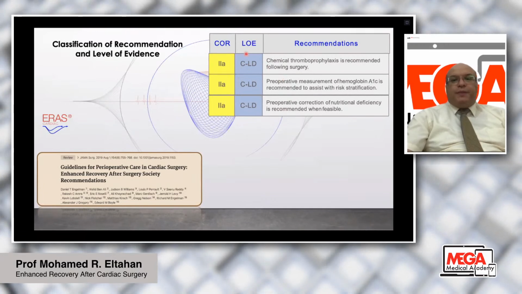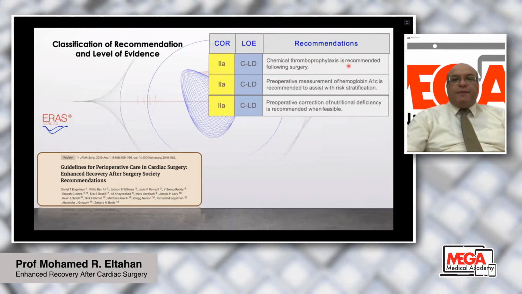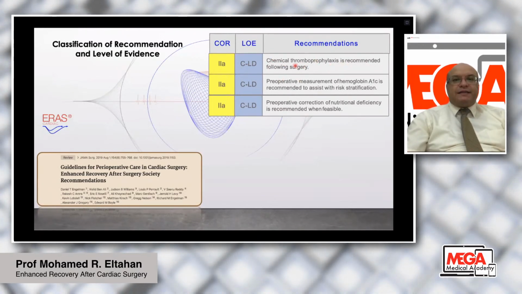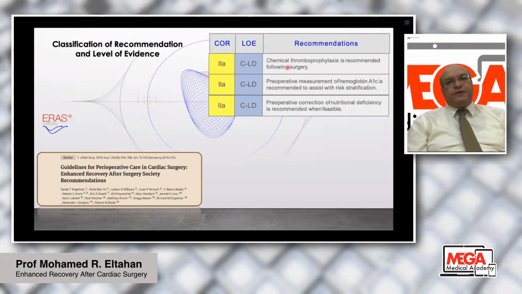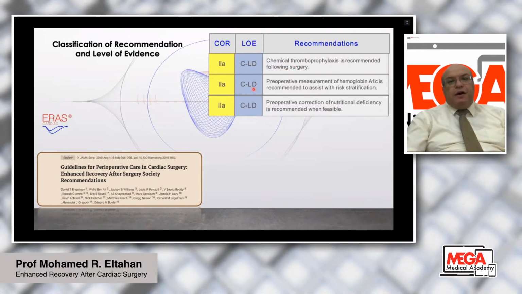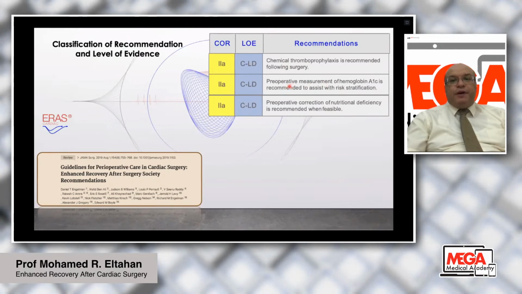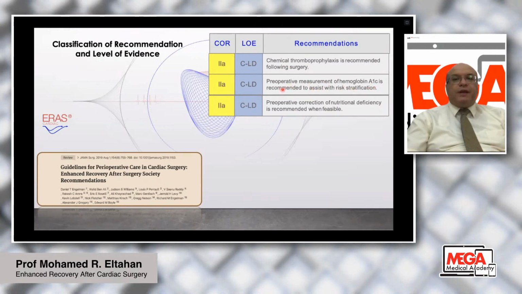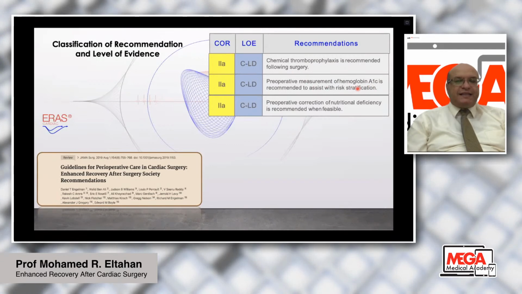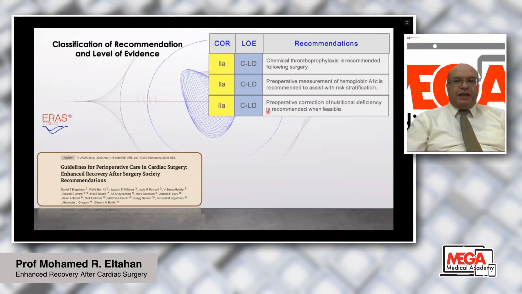Level 2, also based on observational studies, includes chemical thromboprophylaxis against the risk of deep venous thrombosis and pulmonary embolism. Also at level 2A, pre-operative measurement of hemoglobin A1C is recommended to assess risk stratification.